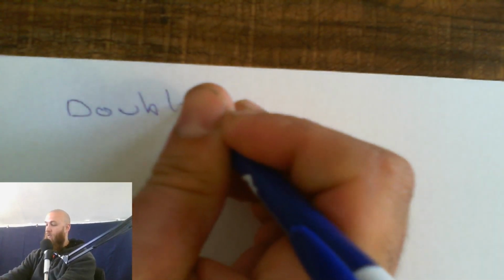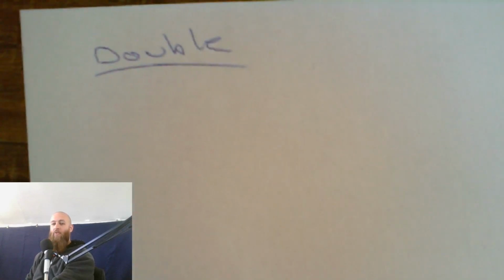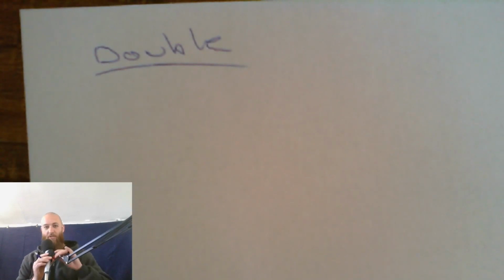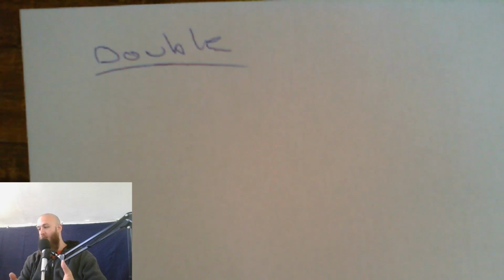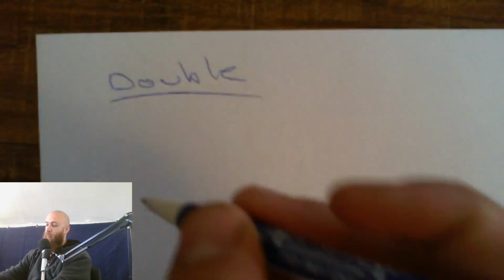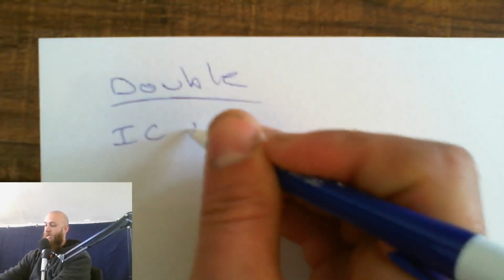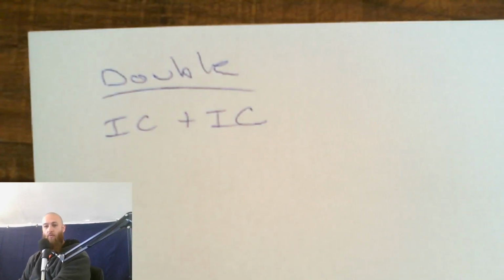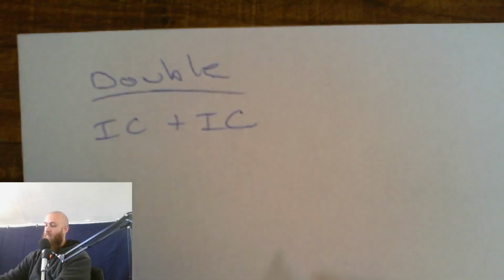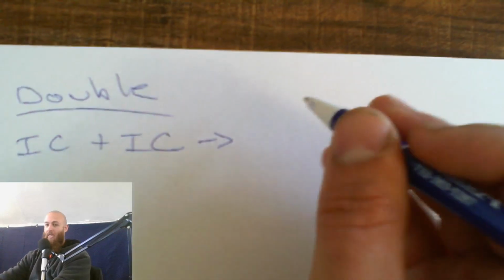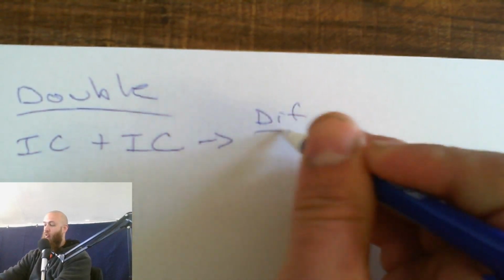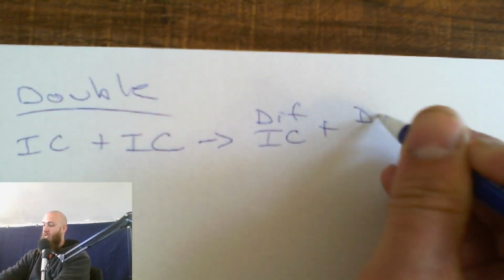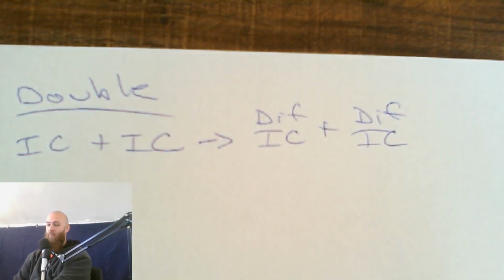Okay? Doubles, I'll be honest with you, are not very different than singles. If you can wrap your head around singles and how the metals are switching places, you could do doubles as well. We said earlier that it's 2 ionic compounds. All right? I never gave you the products. Turns out what you're going to end up getting is 2 brand new, different ionic compounds.